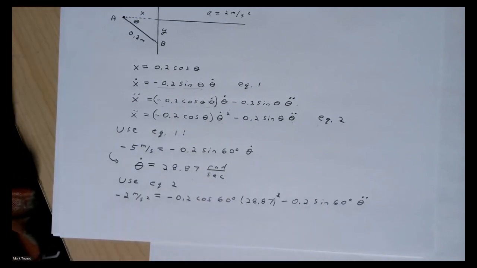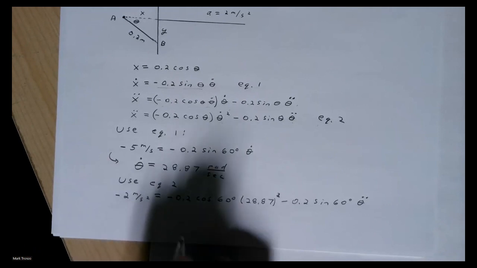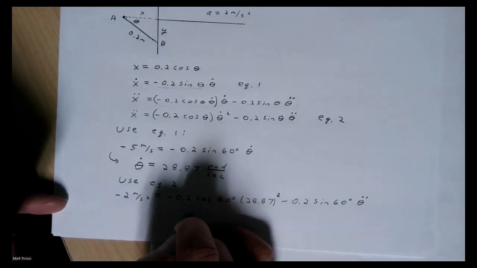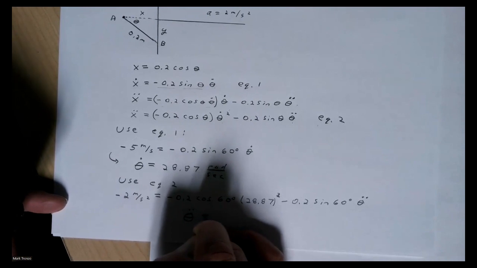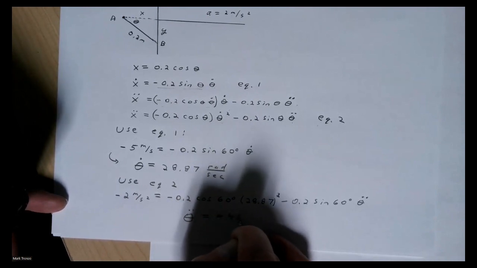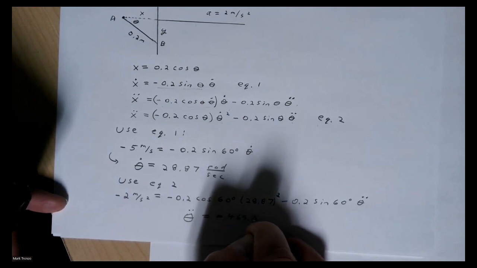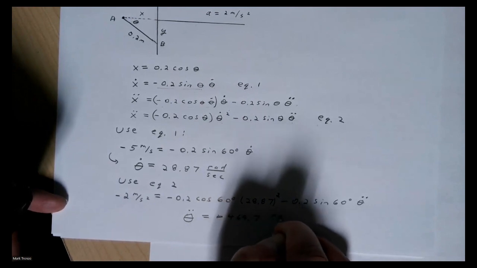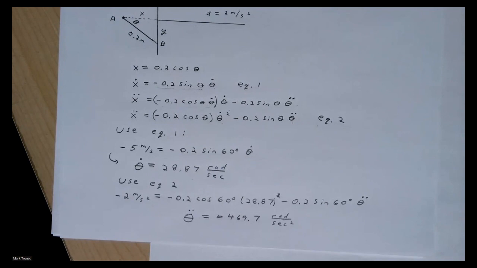So let's put that in our calculator. And when I put that in my calculator, I got something like theta double dot is equal to negative 469.7 radians per second squared, like this. Again, I may have rounded something, so you might have got something slightly different.